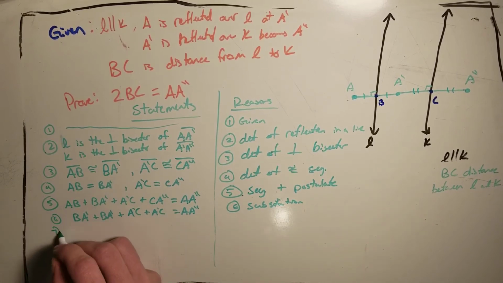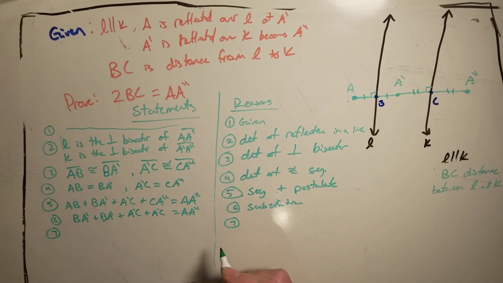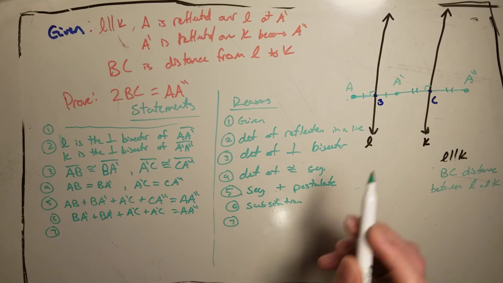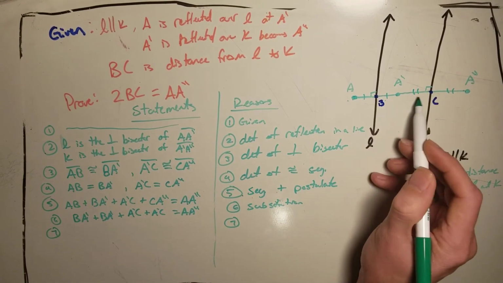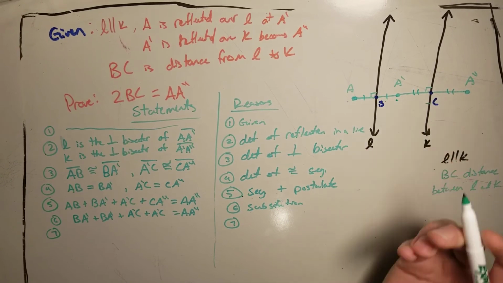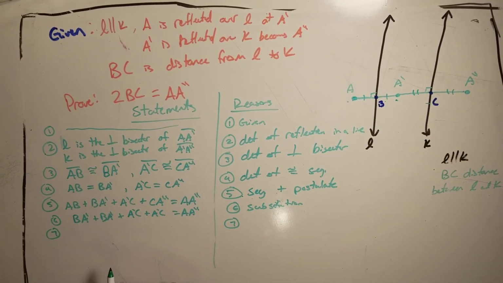So that's substitution. And the reason why I chose the BA prime and the A prime C is I can use those to represent our BC, because those are going to make up BC in total.